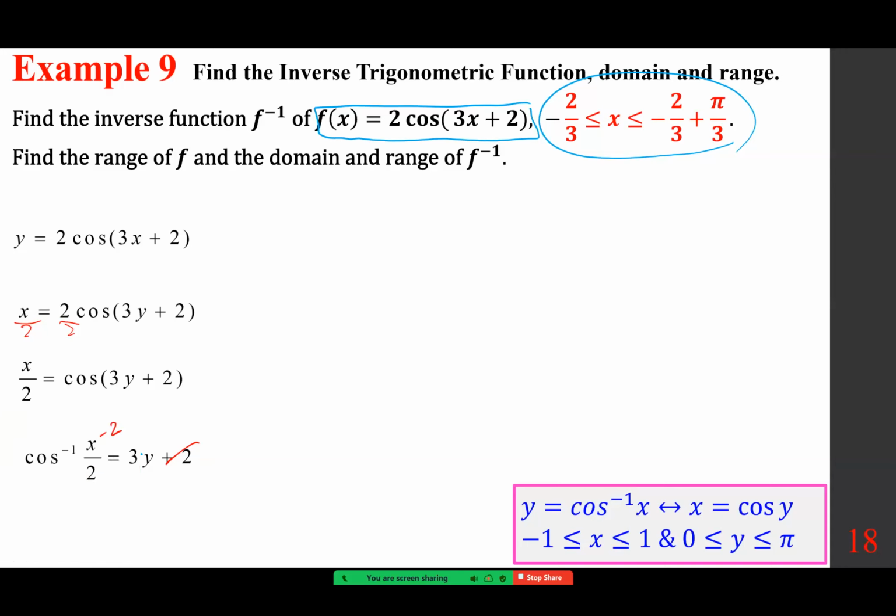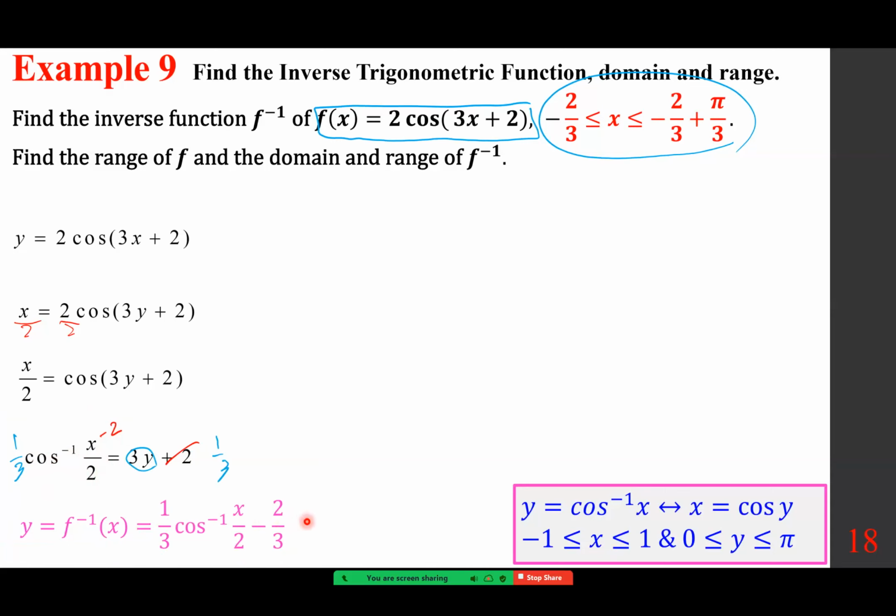Class, I can multiply this one now by 1/3 and this one by 1/3. And I have y, or f inverse of x, is 1/3 of this expression, x over 2 minus 2. That's the whole thing. Now, 1/3 of -2 is -2/3.